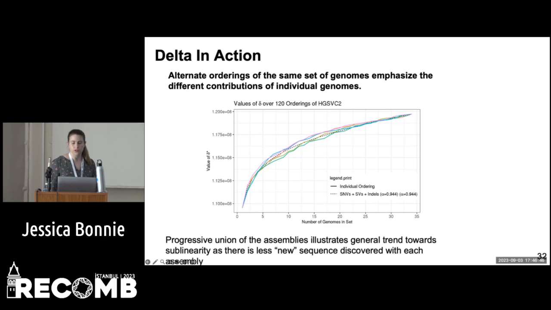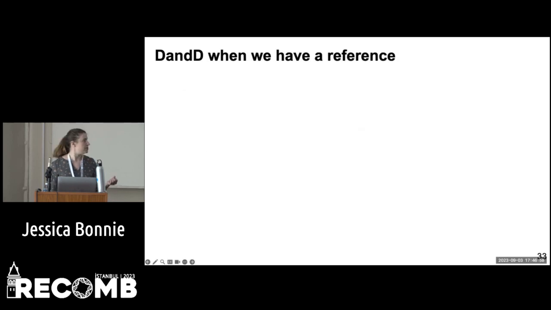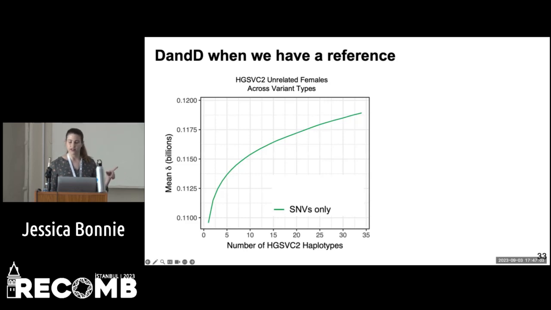It's also possible to examine different stratification of the dataset. In the HGSVC dataset, we are able to stratify by variant class. First, we can see the mean curve across orderings for single nucleotide variants, and then we add indels, and finally we can add structural variants.